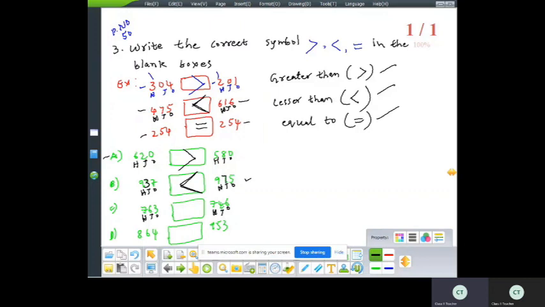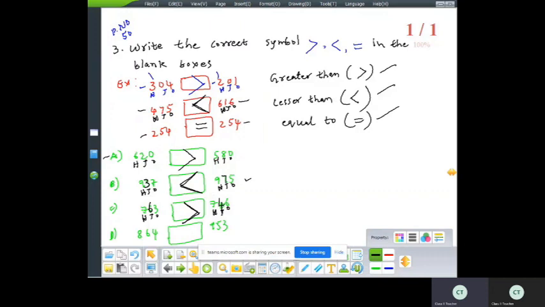The digit in the tens place is here 6, here 4. From 6 and 4, which is the biggest number? 6 is bigger than 4. Then 763 is a bigger number than 746. This bigger number is on the left side. We open the mouth towards the left side, which means we get the greater than symbol.